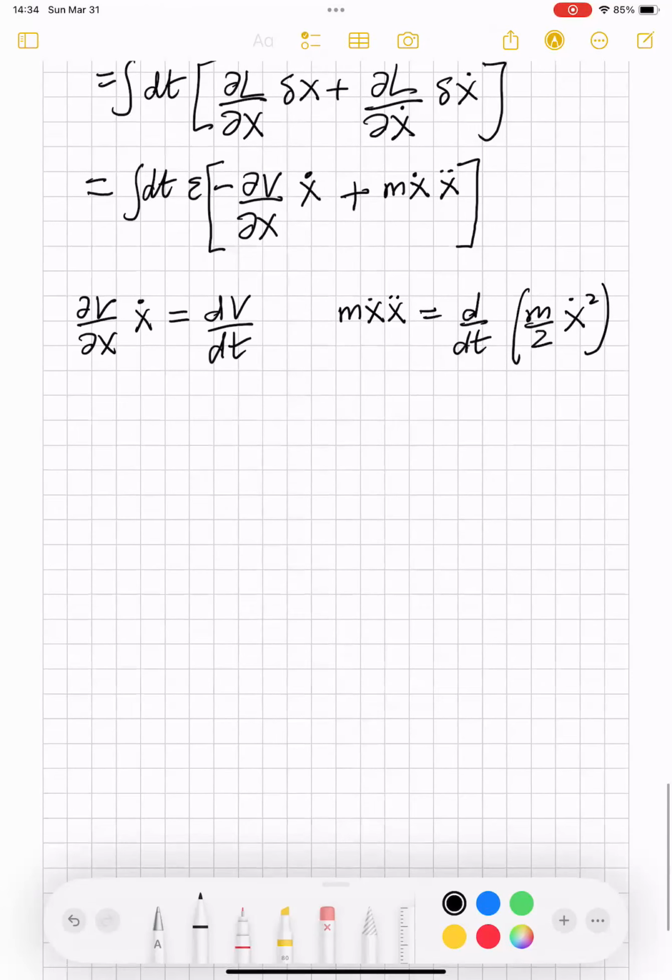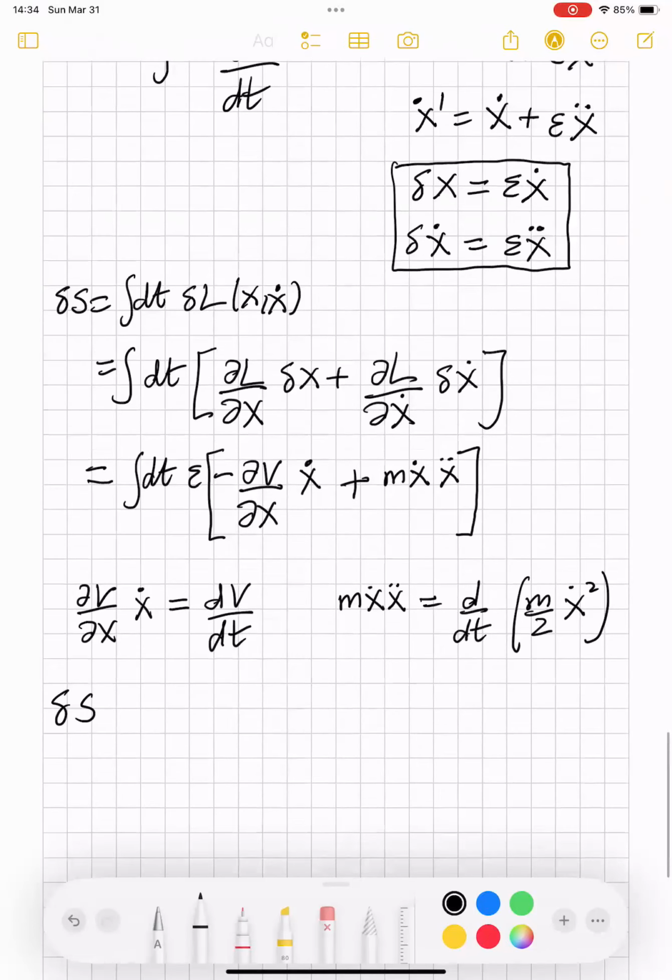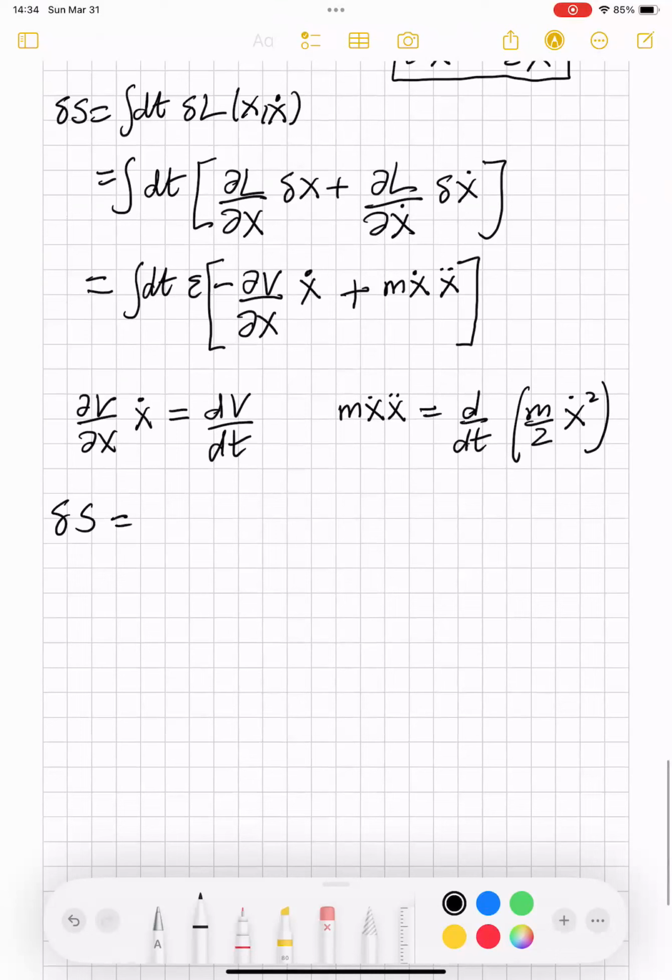But using that, you see, we can now write the change in the action. So this is the quantity that we're studying over here, is equal to an integral dt d by dt. And now for the first term, we're going to write minus epsilon V. And for the second term, we're going to write plus epsilon m over 2 x dot squared.